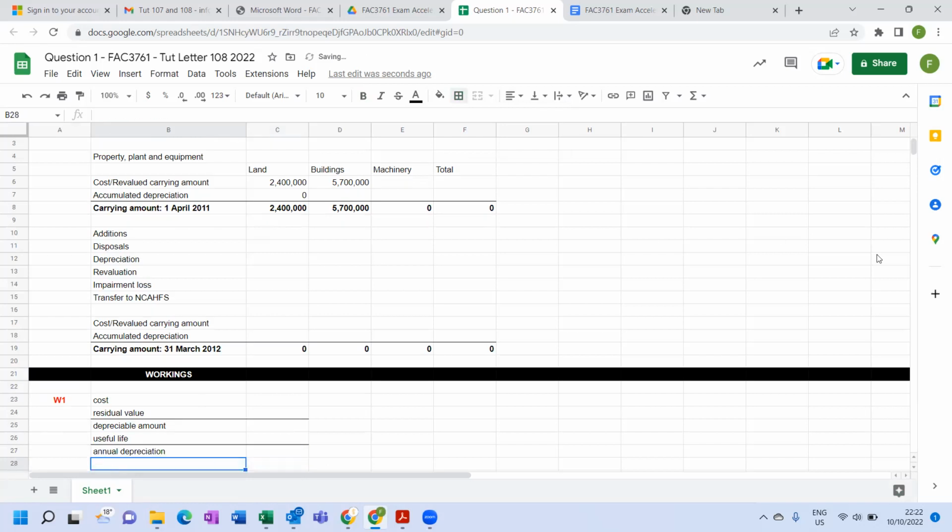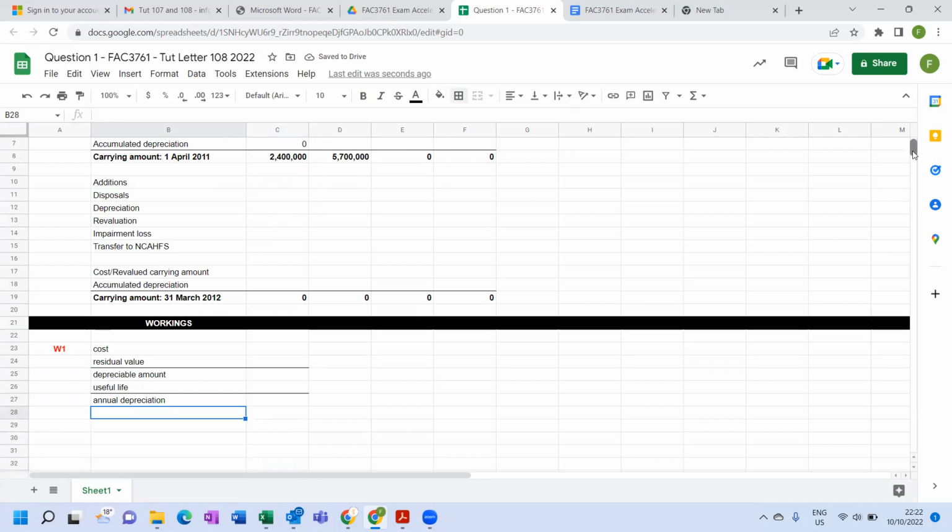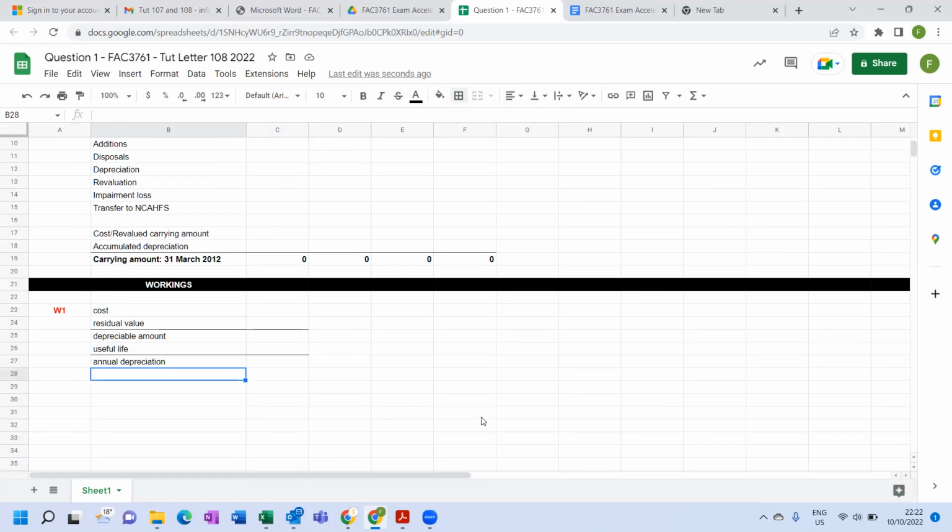So that gives me annual depreciation. Then I can say number of months used in the year, and that will give me current year depreciation.